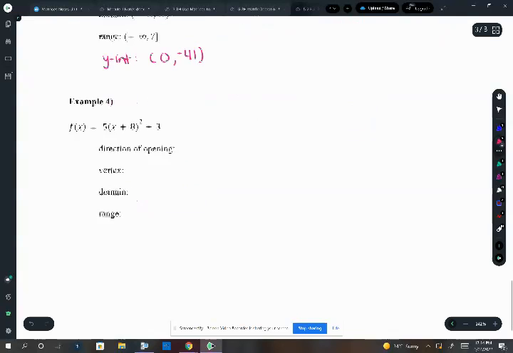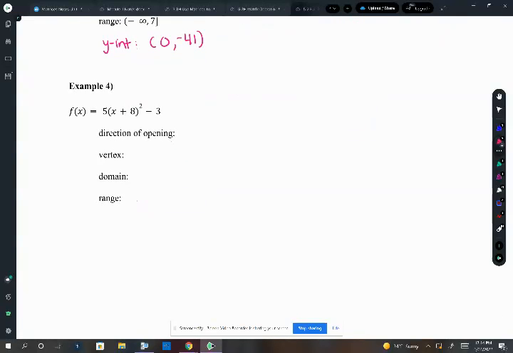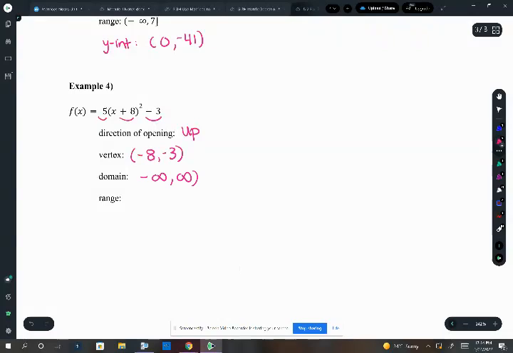All right, so when we look at example 4, kind of the same idea. When I look at the direction of opening, I'm looking at the 5. The 5 tells me that, because it's positive, it's going to go up. The vertex is going to be the opposite of what's inside. So it says plus 8, so we're going to do negative 8. And then the value that's on the outside, so negative 3. Domain is always negative infinity to infinity.